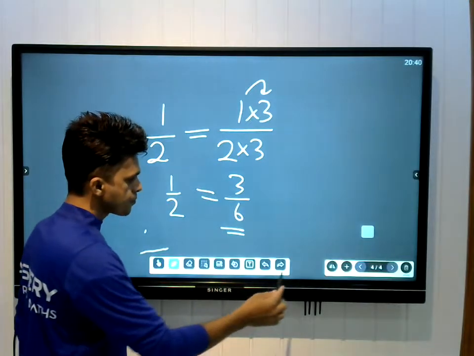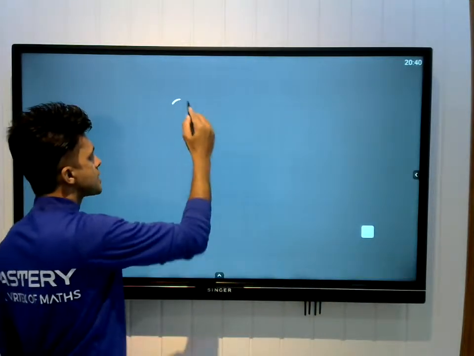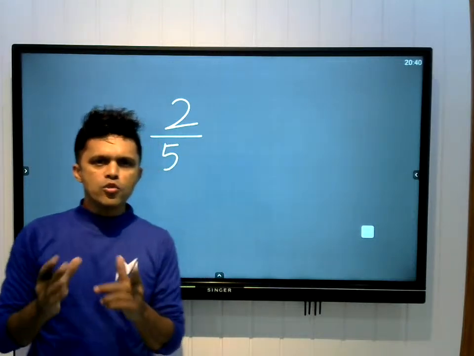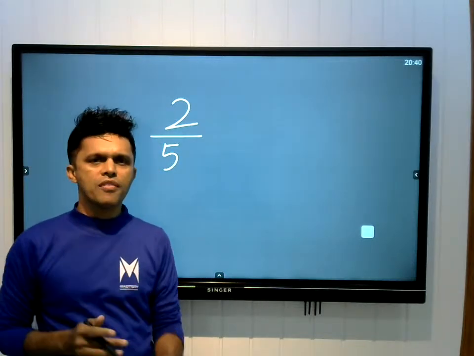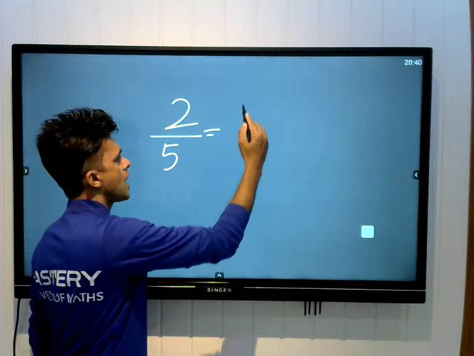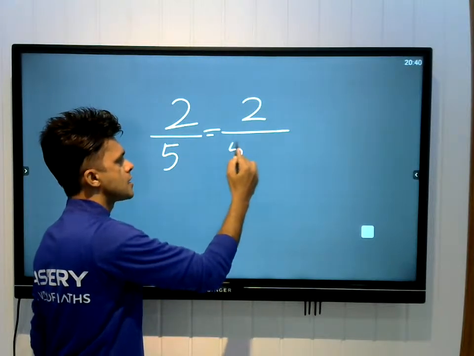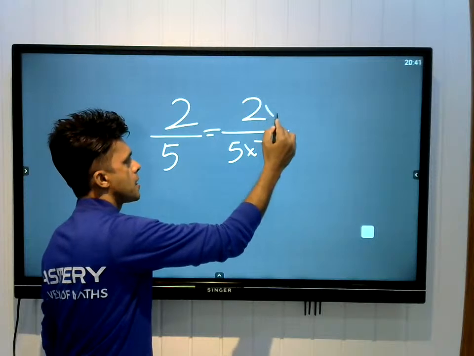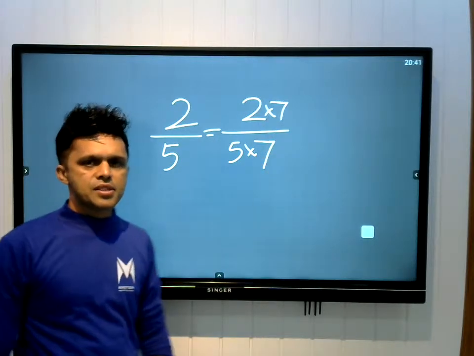Then let's write an equivalent fraction to 2/5. How can you write an equivalent fraction to 2/5? Both sides can be multiplied by 7. Let's multiply using 7.